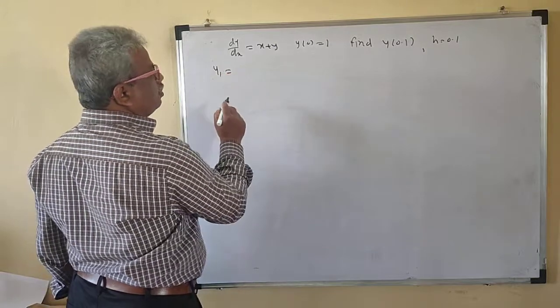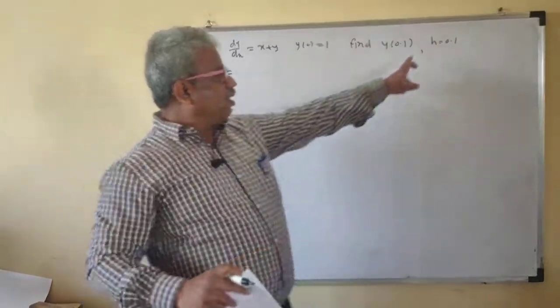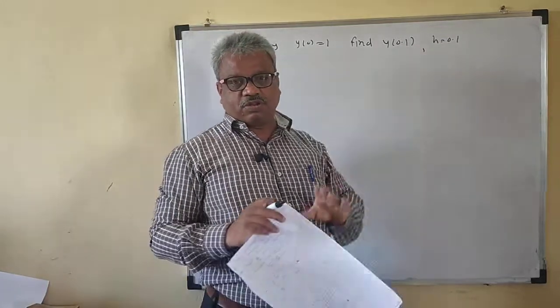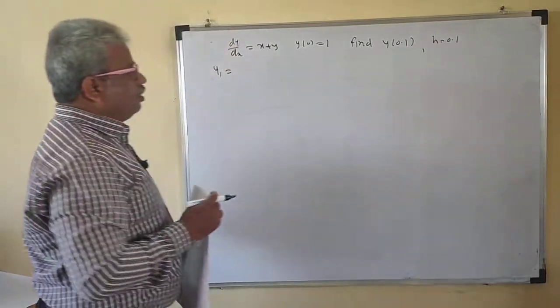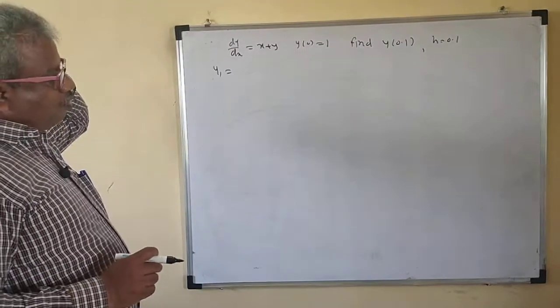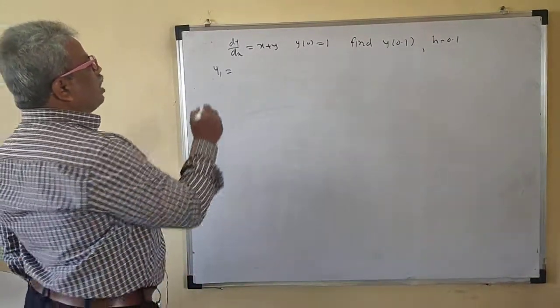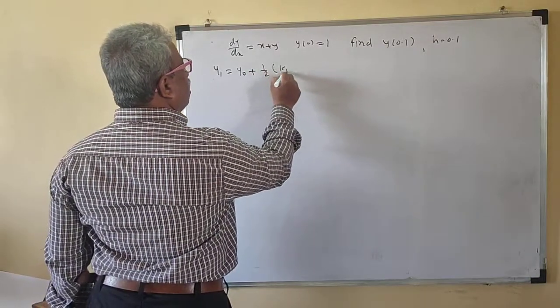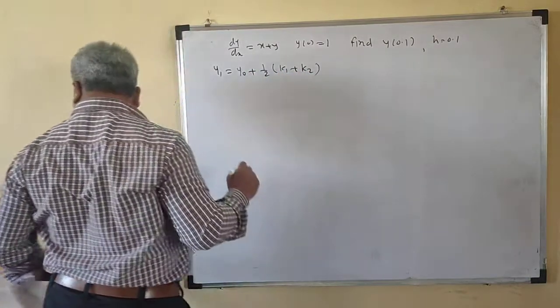We have to find only y1, which is y0 plus 1/2 (k1 plus k2).